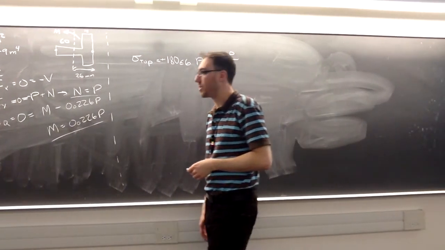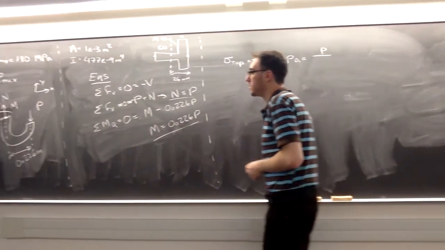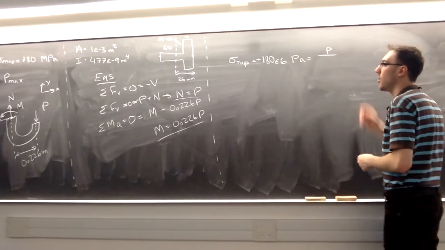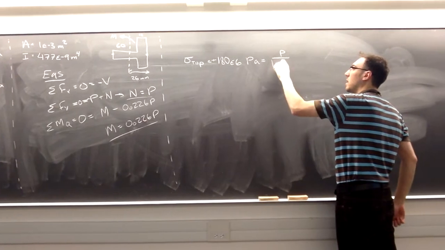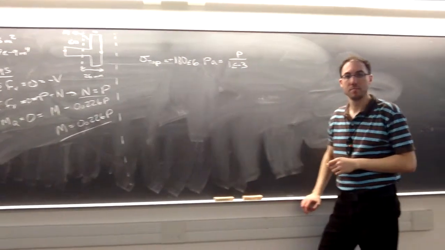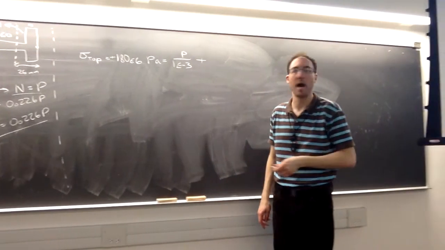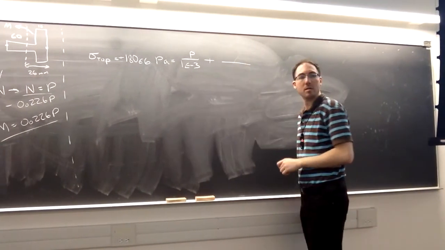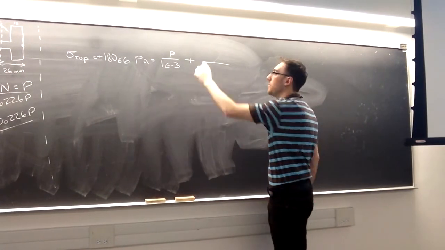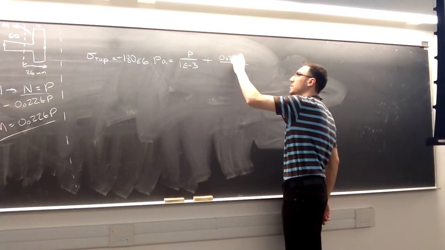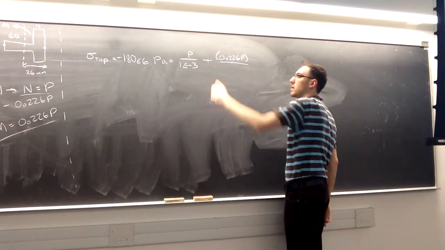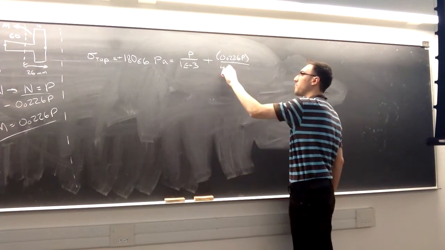Stress due to the normal, N equals P, so P over A. And then we'll have another tensile stress due to My over I. Our M value is 0.226 times P. The I value we found previously.